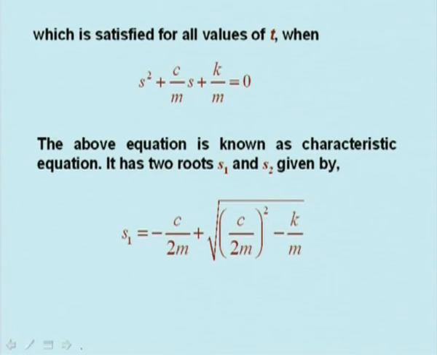That means this equation is known as the characteristic equation, and it has two roots, s1 and s2, given by s1 is equal to minus c by 2m plus under root (c by 2m) whole square minus k by m.